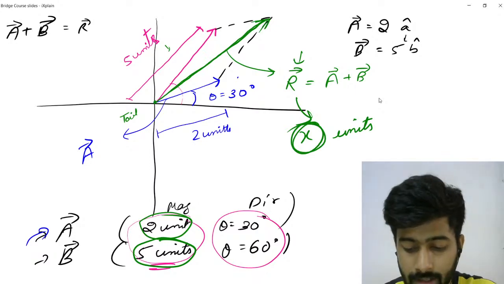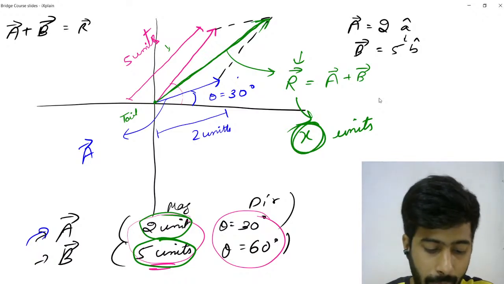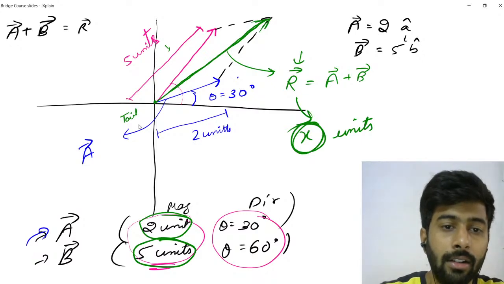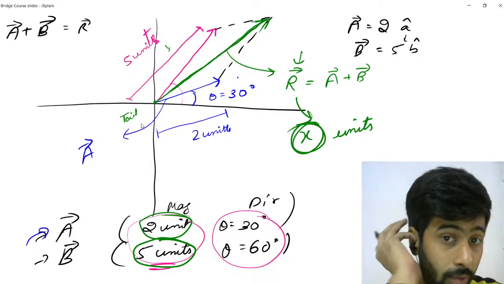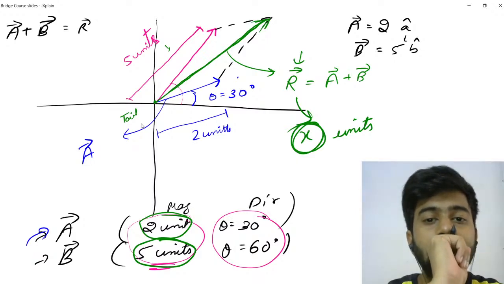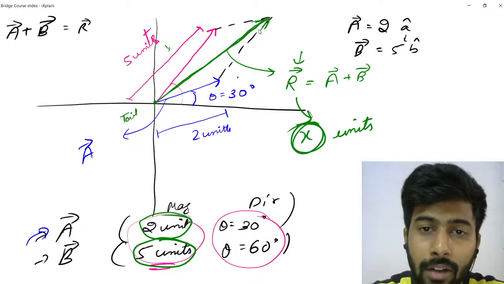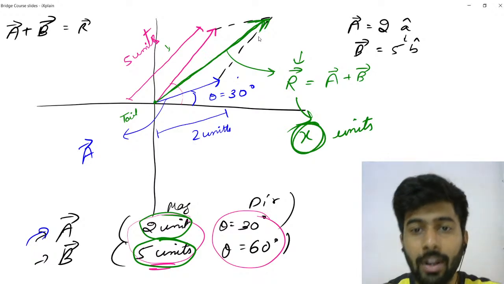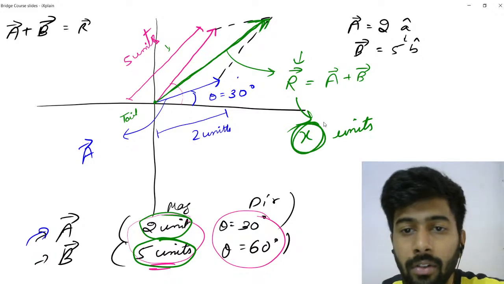Okay, let's derive the formula for the length of the diagonal. Okay, are you guys convinced? First of all, are you guys convinced that if I can get a formula for the length of this green diagonal, then that formula can be used to get the magnitude of A plus B?